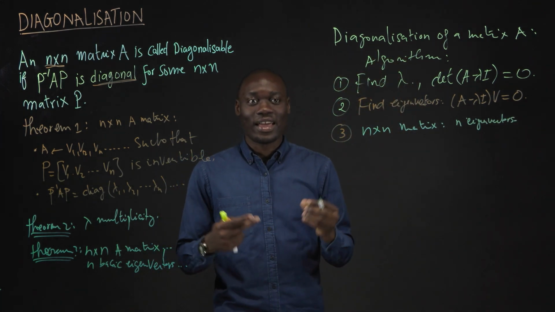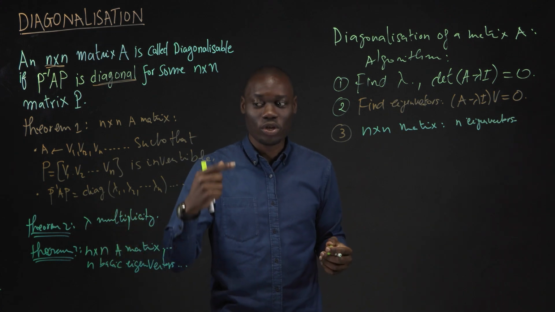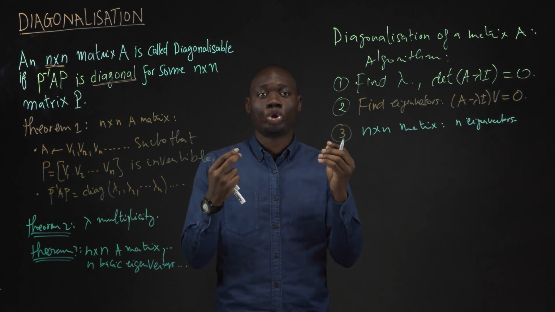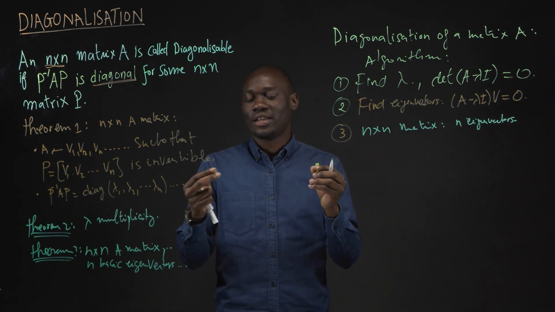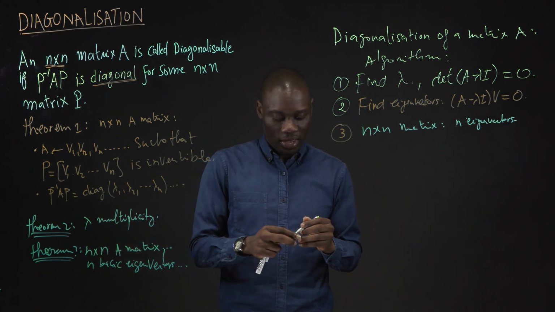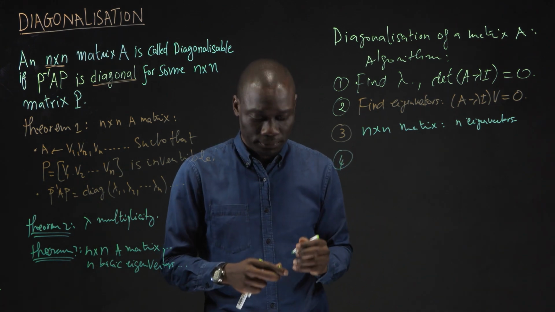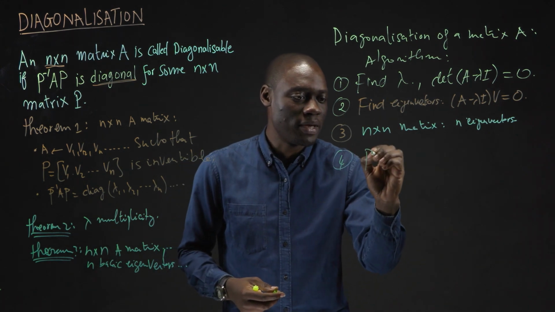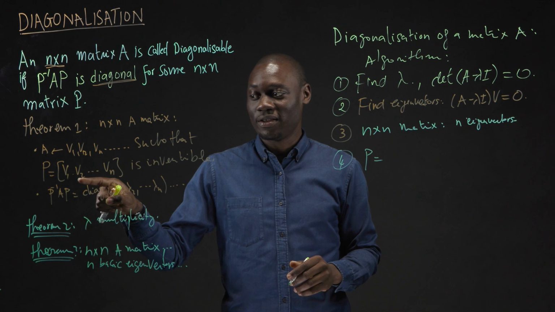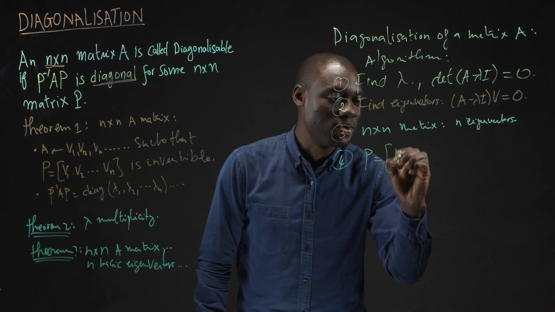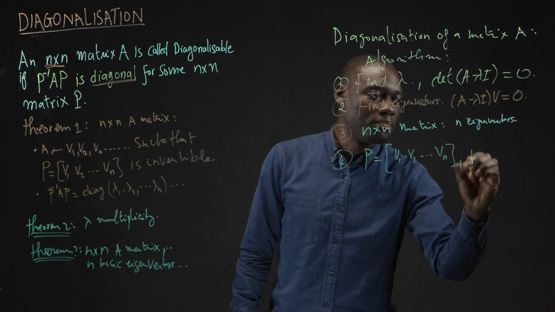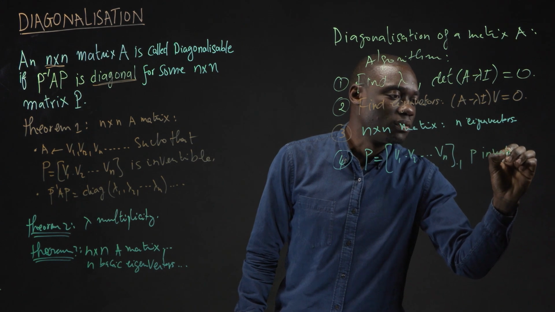And then for the eigenvalues, remember the second theorem that we used: the eigenvalue lambda of multiplicity m should yield m basic eigenvectors. So you check these two theorems, and if that is the case, you can move on to form your matrix P, which is the matrix of the eigenvectors of A, v1, v2, ..., vn, and P must be invertible.